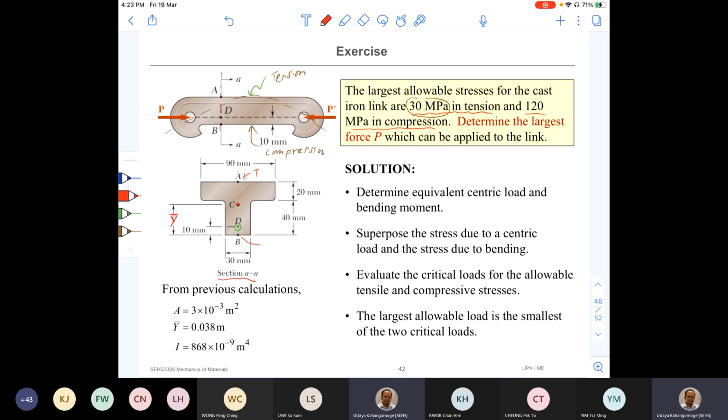And the bottom point here, B, is under compression, and the maximum compressive stress should be less than 120 megapascal. So basically, once you calculate the force P by considering those two requirements, you will get two values for P in this question. So later, we have to make a decision which one is the right one.